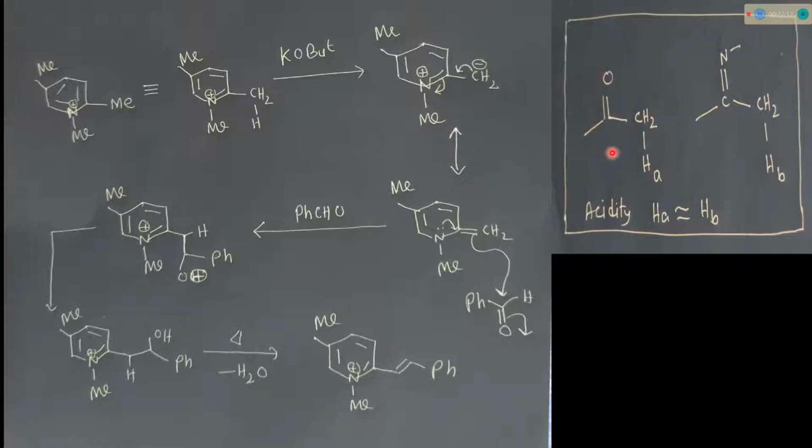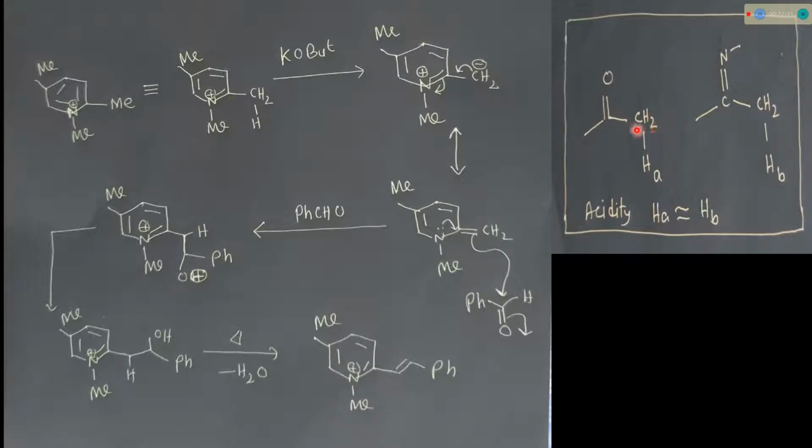So in a keto methyl group, the hydrogens on the methyl position are acidic.